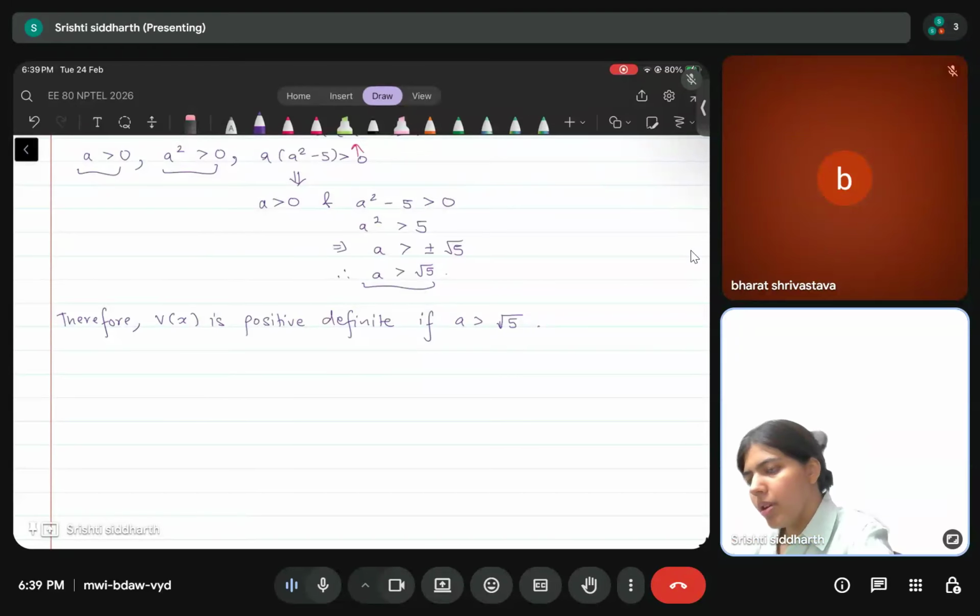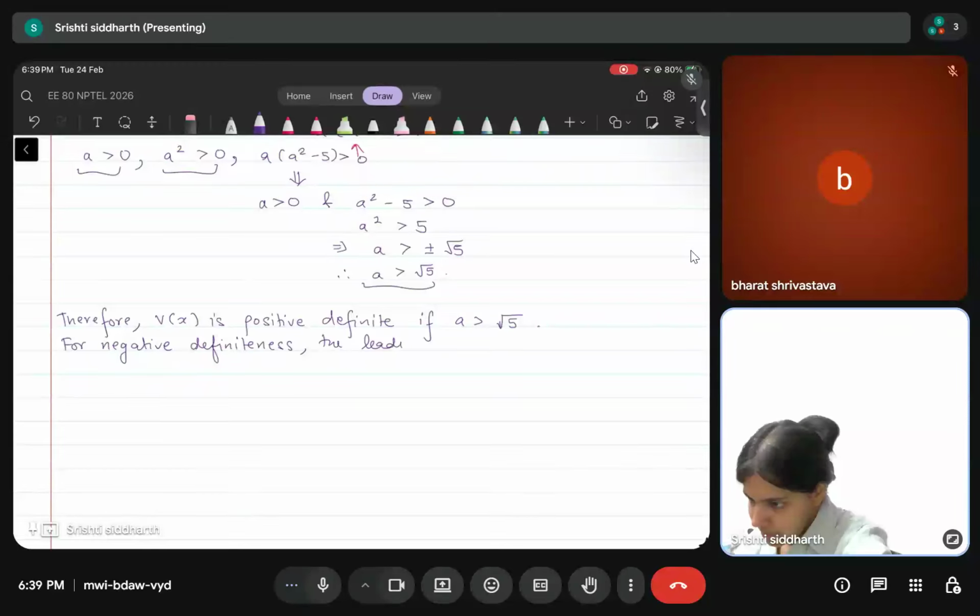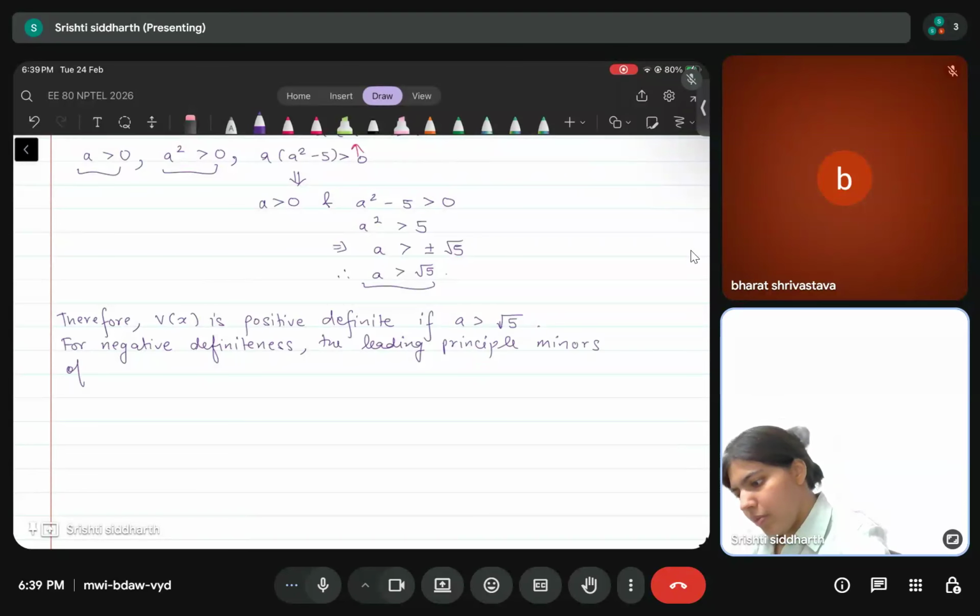Alright, now for negative definiteness, the leading principal minors of minus P should be positive.